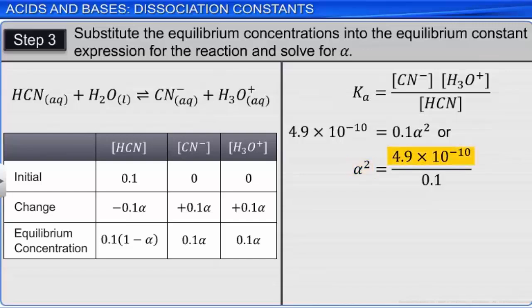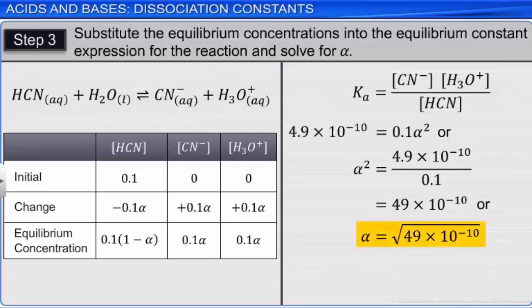This becomes equal to 49 multiplied by 10 raised to the power minus 10. Hence, alpha is equal to square root of 49 multiplied by 10 raised to the power minus 10. This is equal to 7 multiplied by 10 raised to the power minus 5. Thus, the degree of dissociation of decimolar hydrocyanic acid is equal to 7 multiplied by 10 raised to the power minus 5.